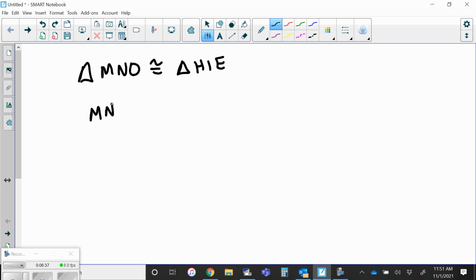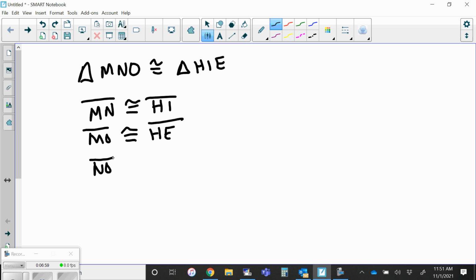Side MN, what would that be congruent to? Good, because the order matters there, right? What would MO be congruent to? HE? Does that make sense? And NO, what would it be congruent to?